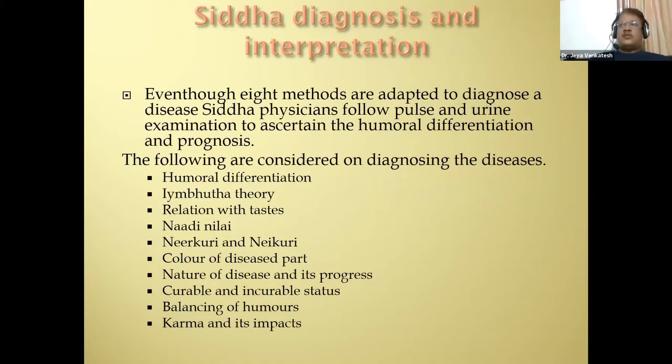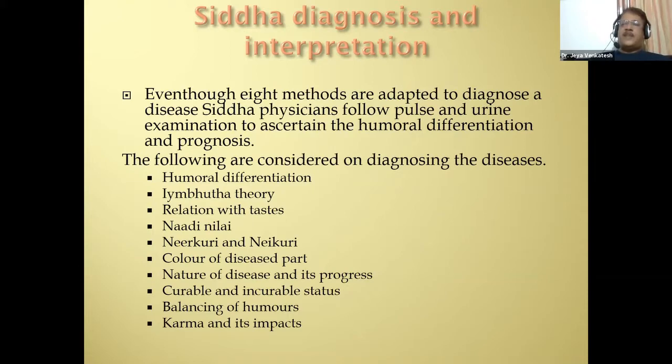According to the following differentiation, that is humoral differentiation, Vadam, Pittam, Kabam, that is Vali, Azhal, Iyam. And the Aimbootham theory, that is Prithivi, Appu, Vayu, Theyu, Akayam, and their relation with the six tastes, and Nadi.